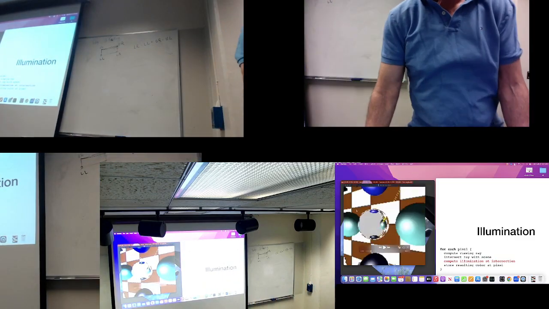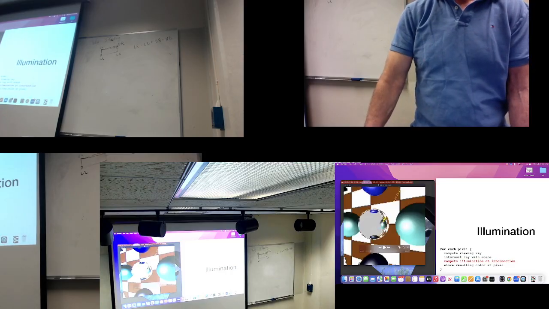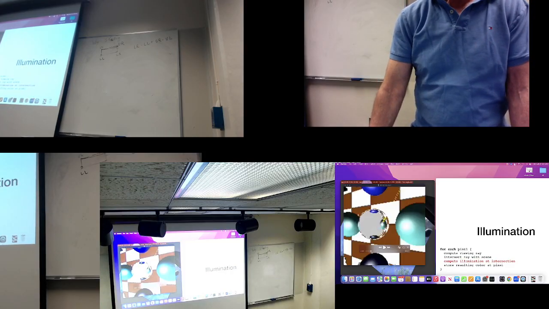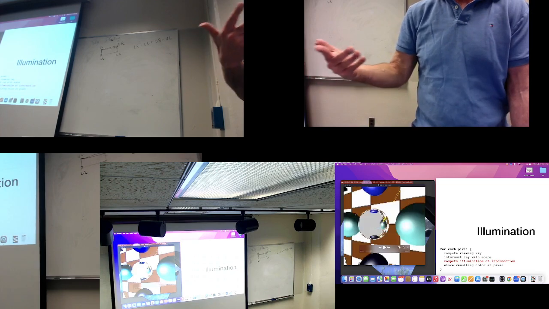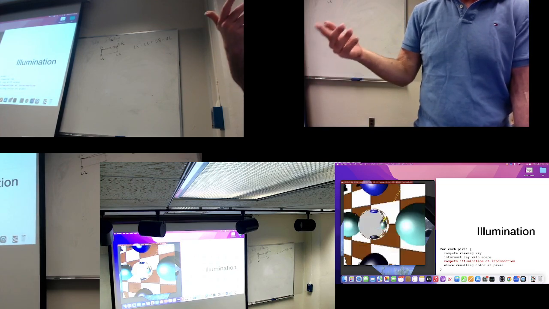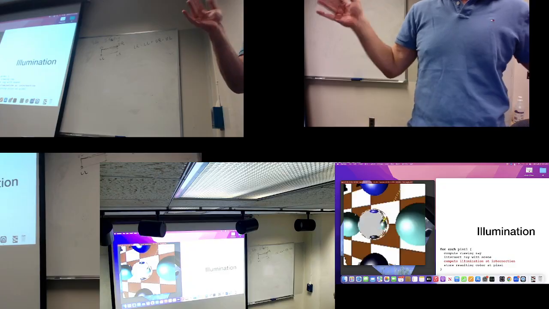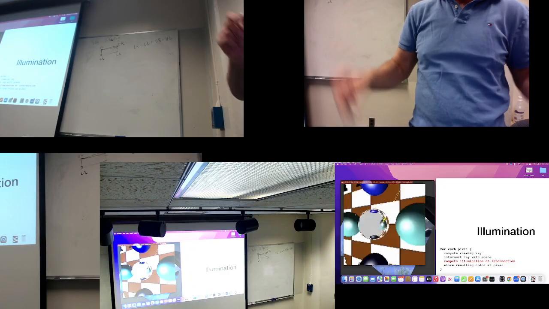And below the sphere, I barely see anything, but I do see things on the dark side of the sphere. How come? Because we'll have ambient light, and ambient light doesn't care about directions.